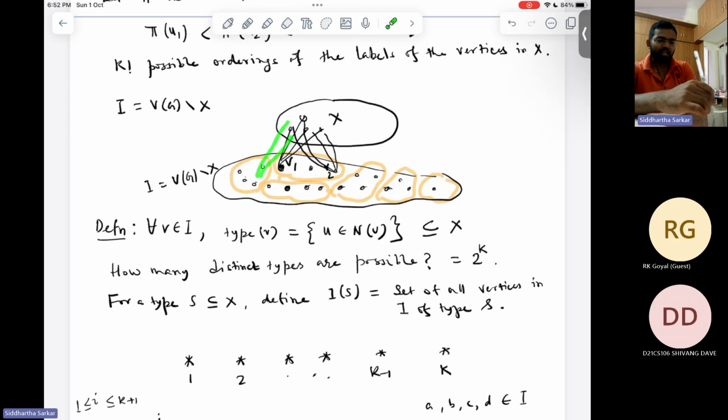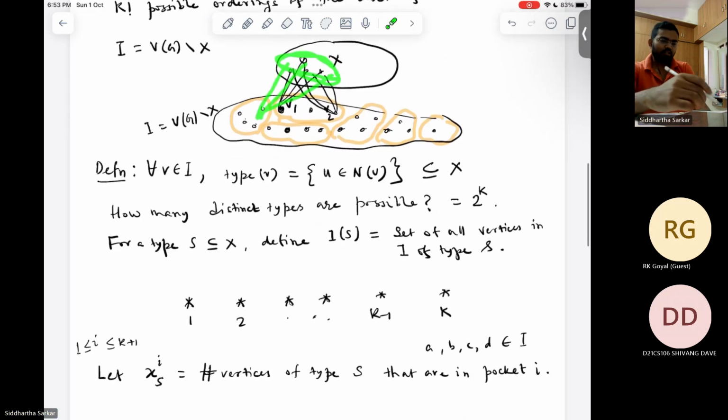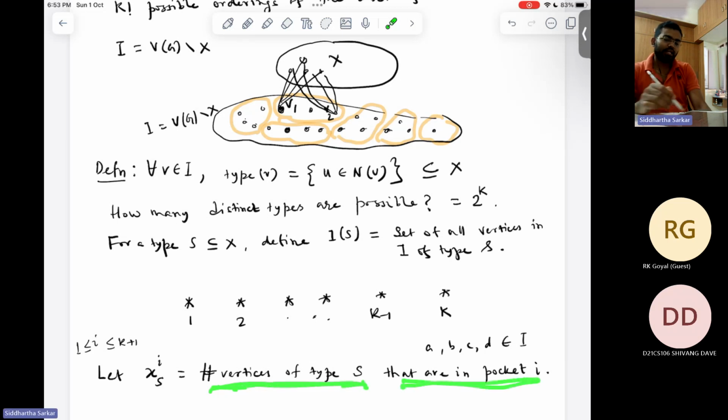Now the type is nothing but a subset of X. There could be multiple vertices of the same type, and those we have clubbed together in bags. Those bags we call I of S, and the number of such bags is also bounded by 2 to the k. So the number of vertices of type s that are in pocket i is denoted by x sub s i.